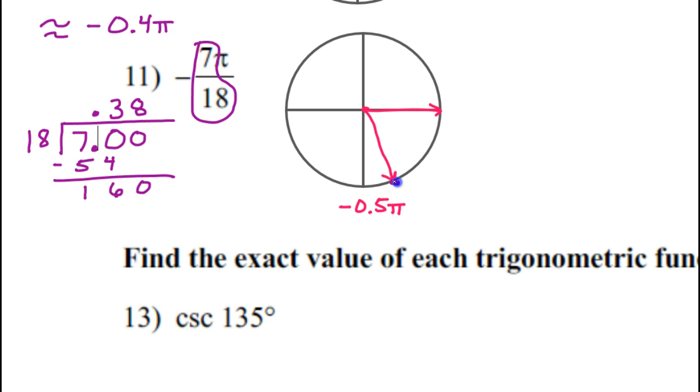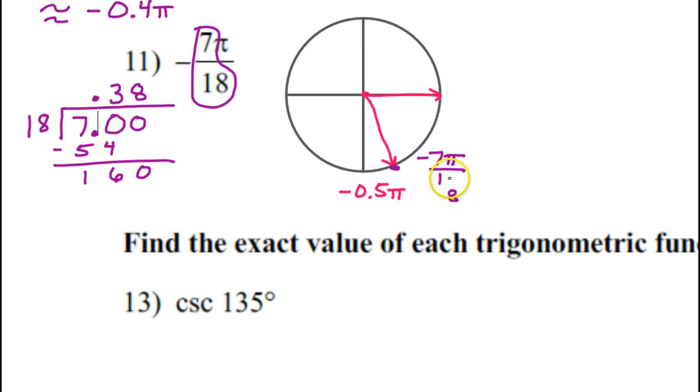Okay, so here we have our angle, and going back to the exact form again, we have negative 7 pi over 18, which is here. Now, guess what?